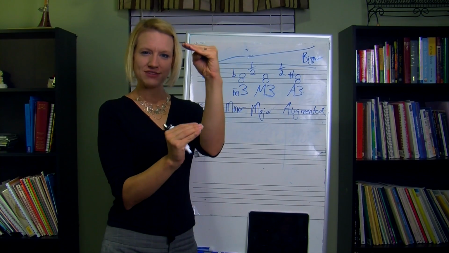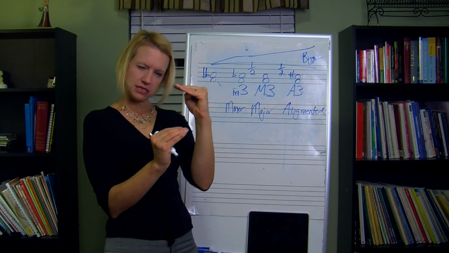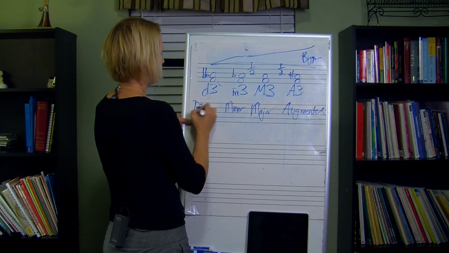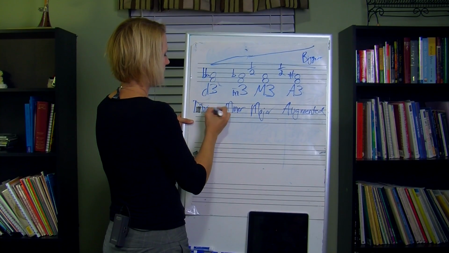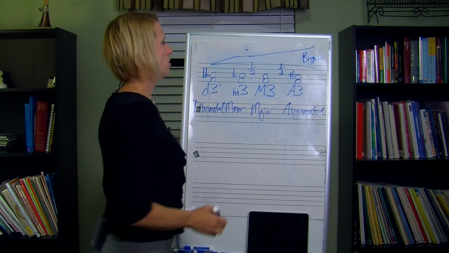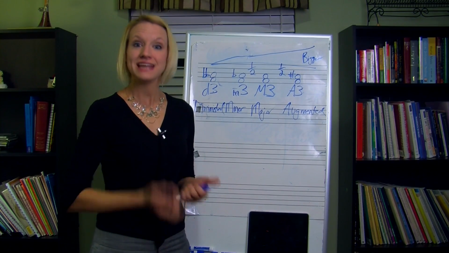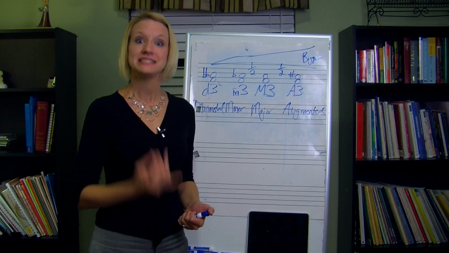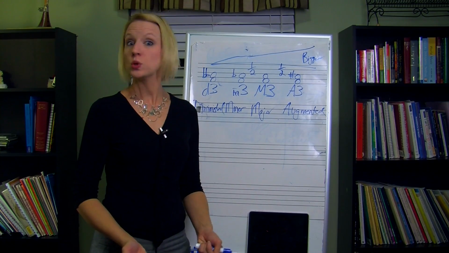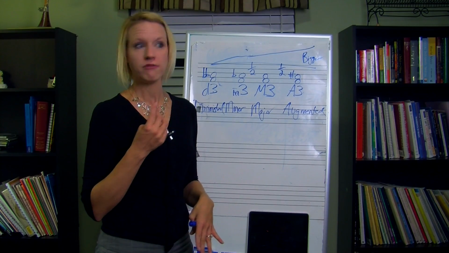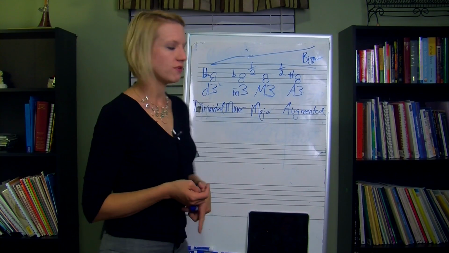F to A flat became minor, F to A double flat became diminished third. So d3, diminished. All right? So those are the 4 different types of seconds, thirds, sixths, and sevenths that we can have. Perfects only had 3 different options. The seconds, thirds, sixths, and sevenths are going to have 1, 2, 3, 4 different options.